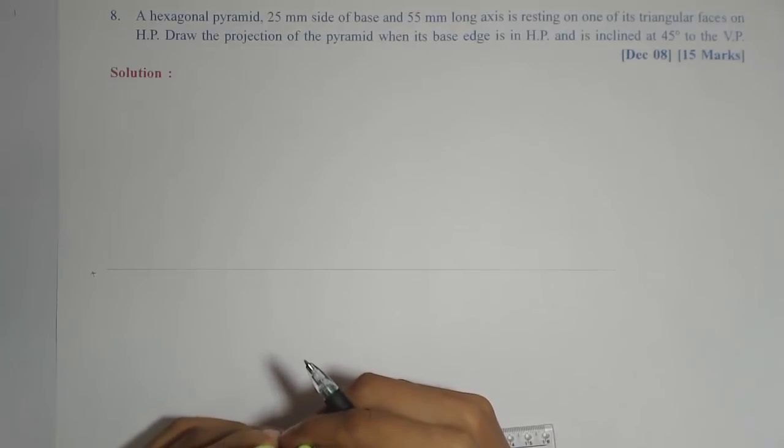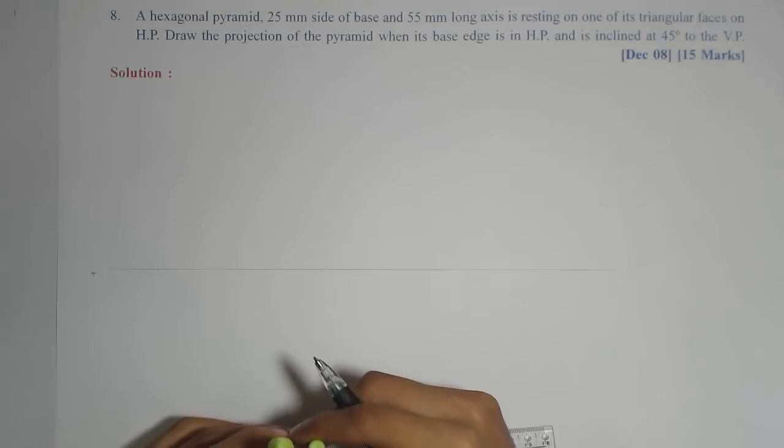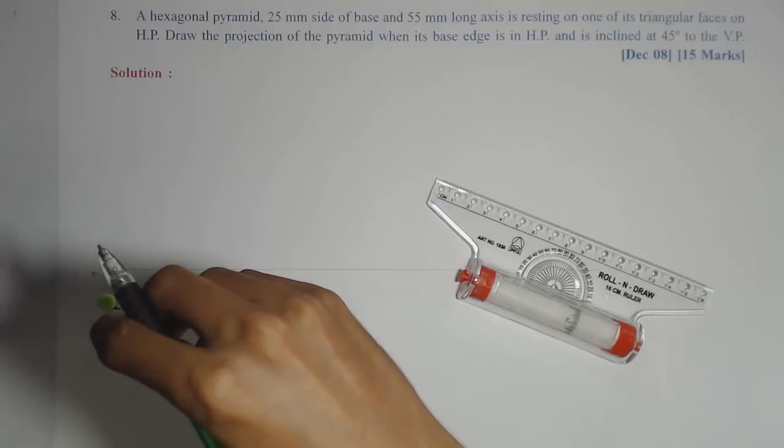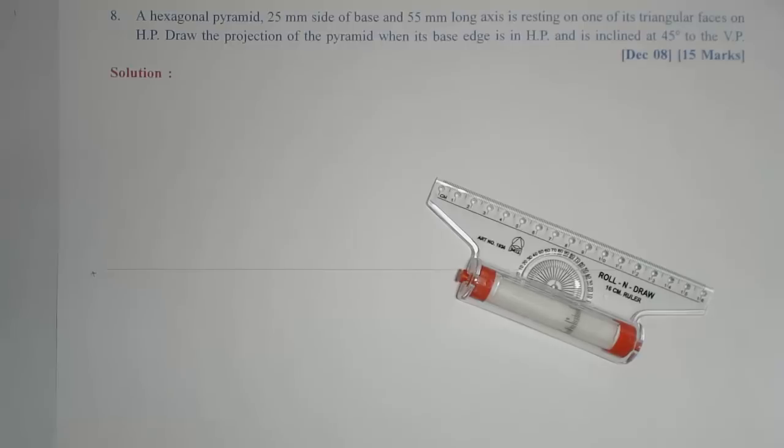So here the side of the base is 25 mm. So we'll draw the circle of radius 25 mm by keeping some distance below xy line. Mark the center.